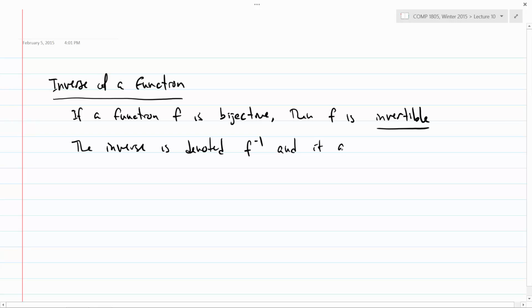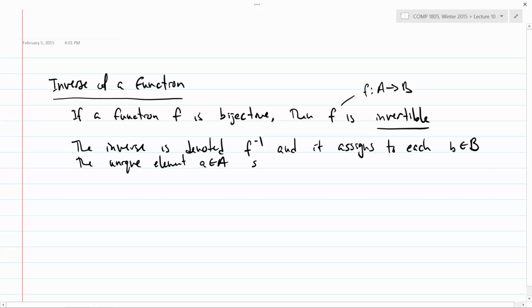And it assigns, so I'll say f here is a function from A to B, it assigns to each b in B the unique element a in A such that f of a equals b.